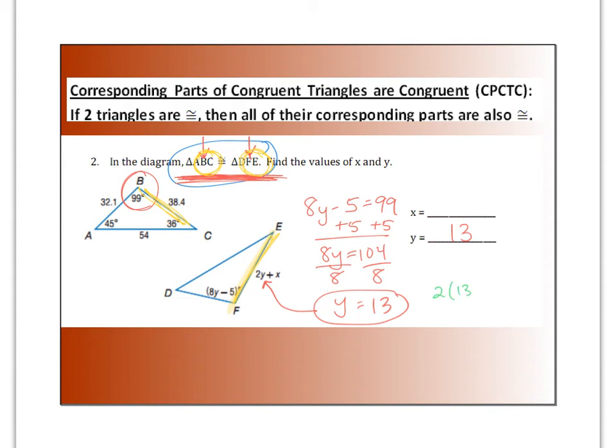So 2 times 13 plus x has to equal 38.4, because those two sides, the E and the F and the B and the C, match up. They correspond with each other. 26 plus x equals 38.4, minus 26, x equals 12.4. 12.4 is your other answer.